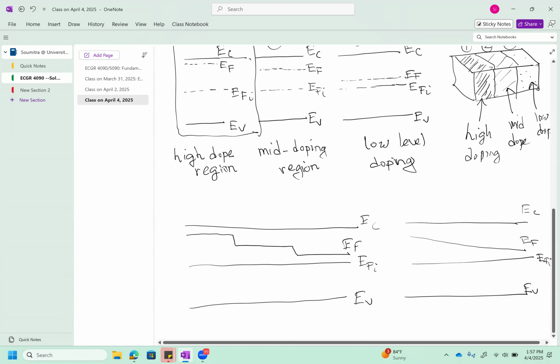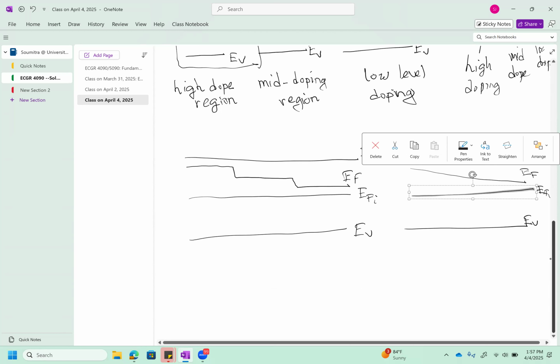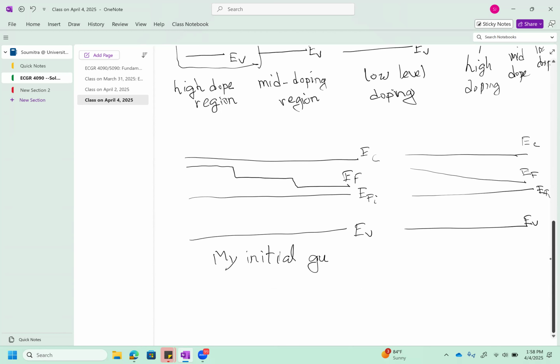That would be my initial guess of the band diagram for graded doping. Okay.